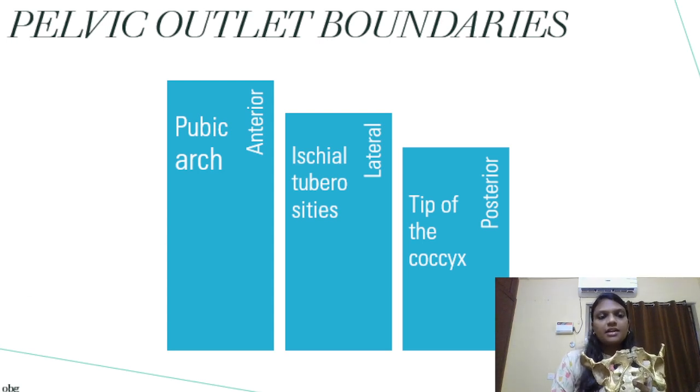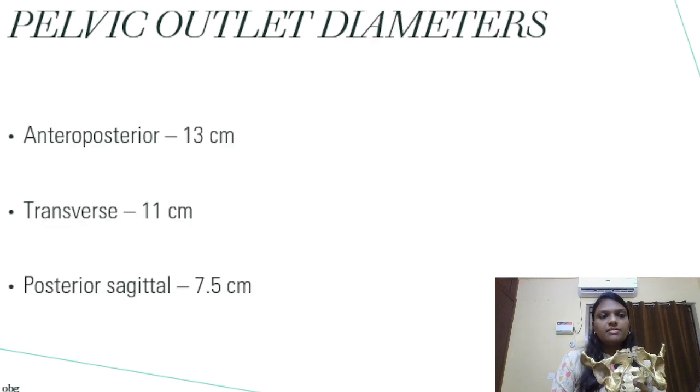Again, we have three diameters in the pelvic outlet: anteroposterior diameter, transverse diameter, and posterior sagittal diameter. The anteroposterior diameter is measured from the lower border of the pubic symphysis to the tip of the coccyx, and it measures about 13 centimeter.